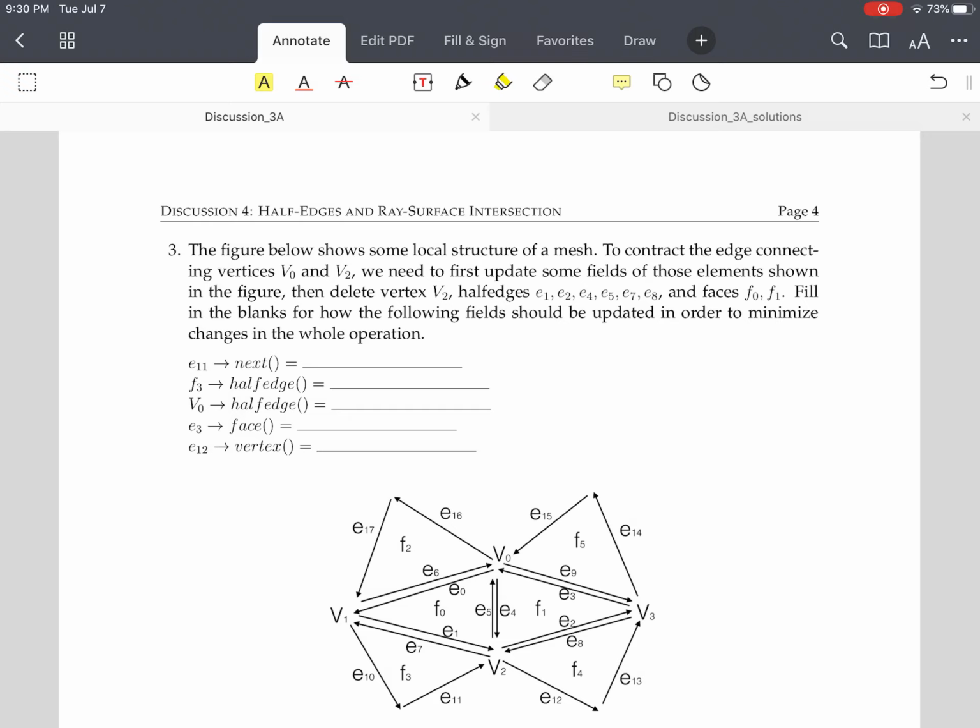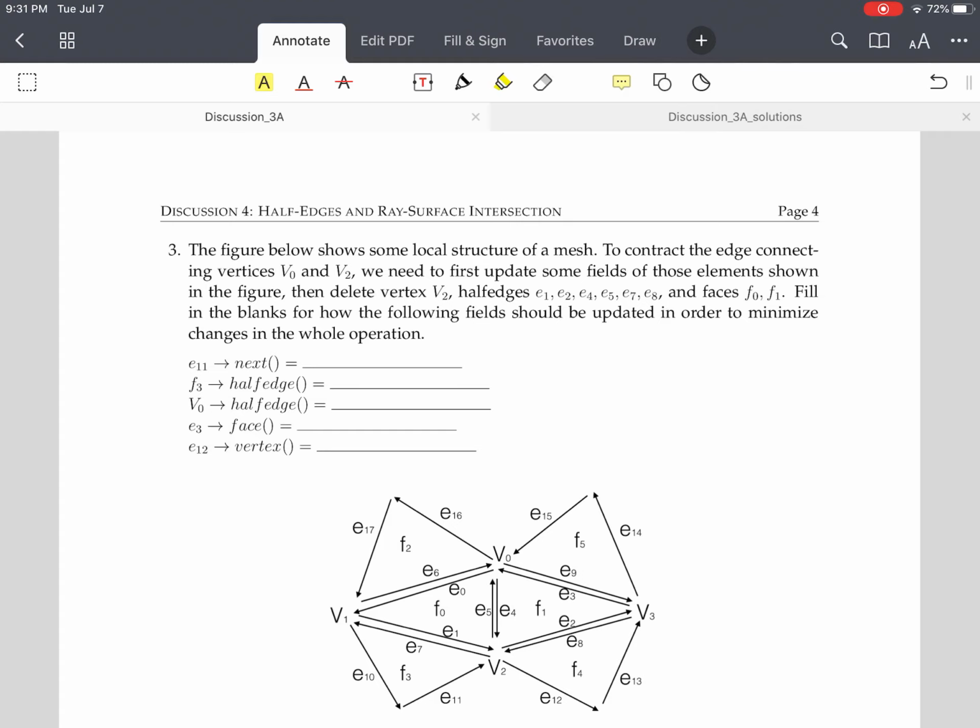Fill in the blanks for how the following fields should be updated in order to minimize changes in the whole operation. Okay, so this is very similar to something you'll see on the project, right? With edge flip, with edge split, you'll be doing operations very similar to this.